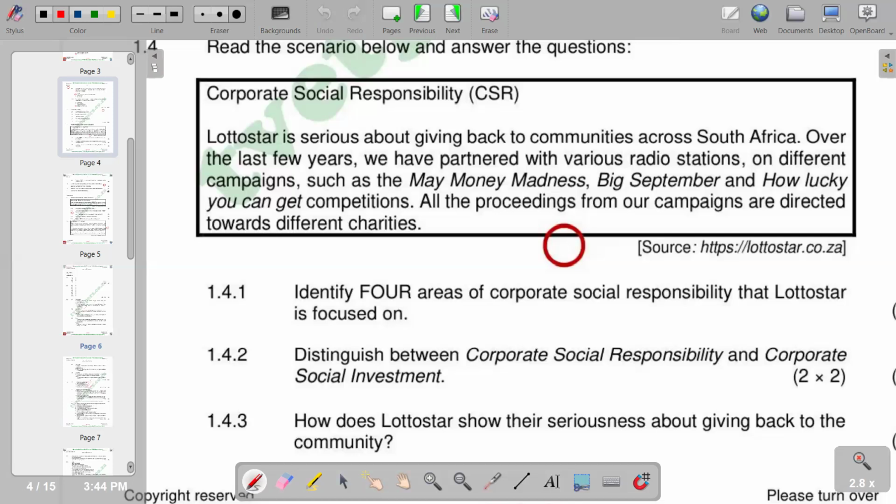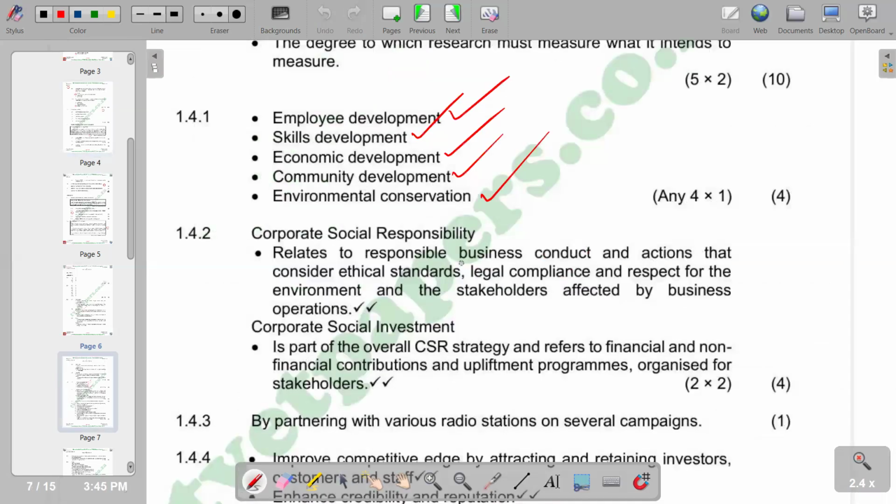That brings out the discrepancies between corporate social responsibility and corporate social investment. We have that articulated in our other section, with the explanation of each, pointing out the difference between the two.